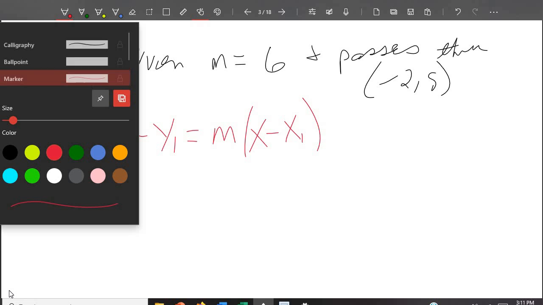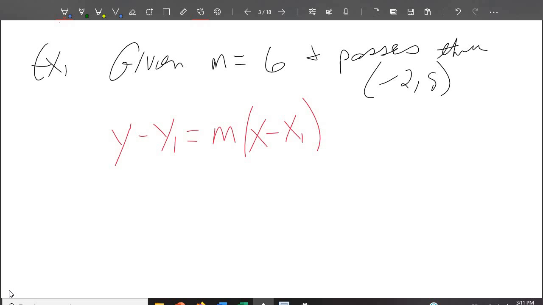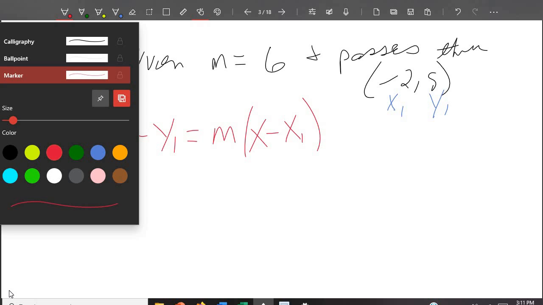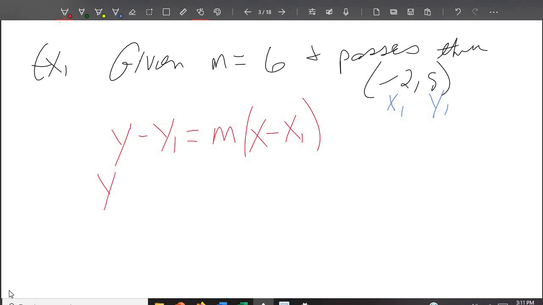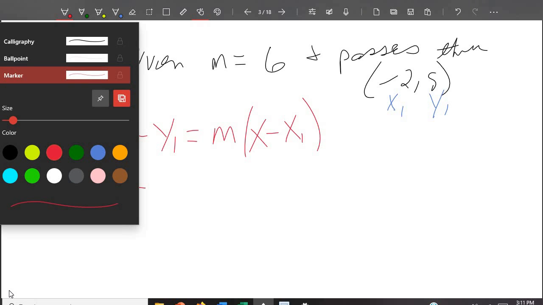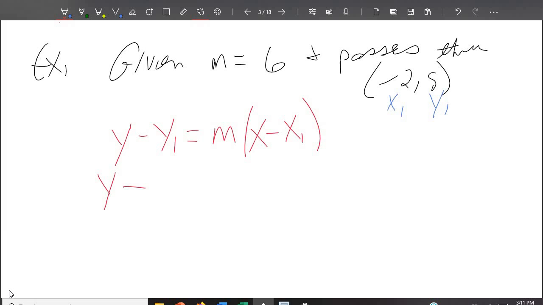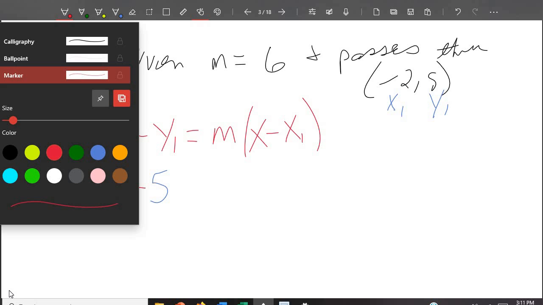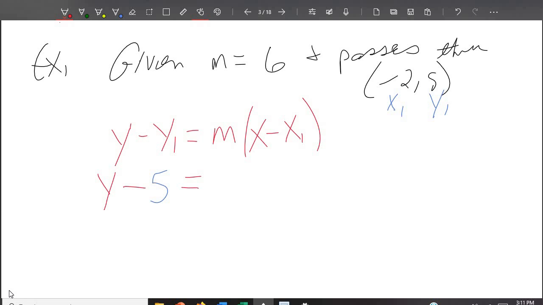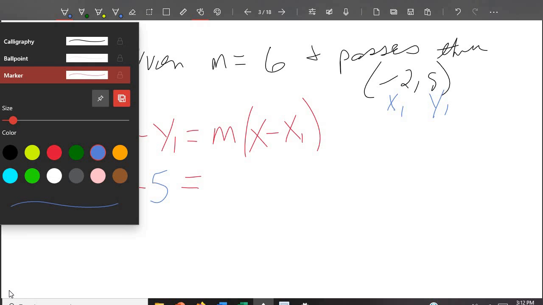Now I want you to understand something. This is my x1 and that's my y1. So in this formula, we're going to have y minus the y1, which is 5. That equals the slope, which is 6.